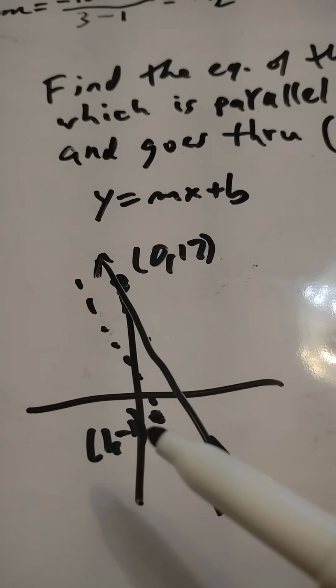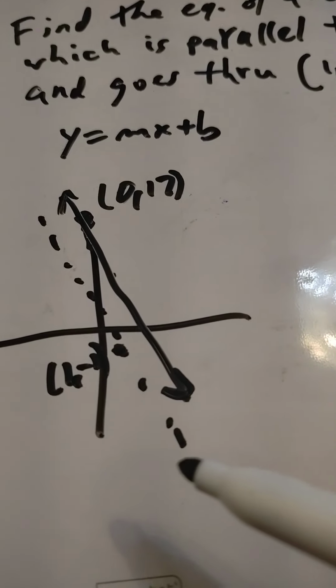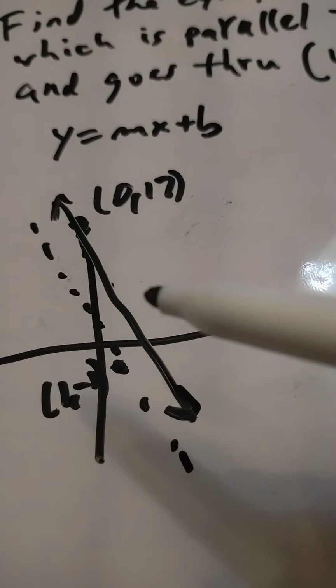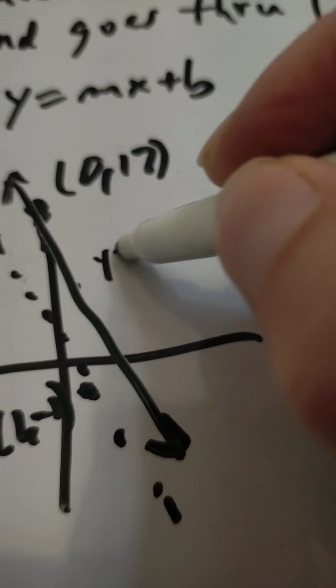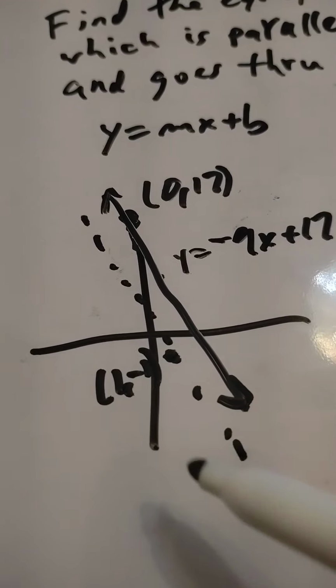And it is going through the point 1, -1. So how are we going to find the equation of this dotted line? Because we already know the equation of the solid line. That's y equals -9x plus 17. I'll even write that down. Okay, let's find the equation now of the dotted line.